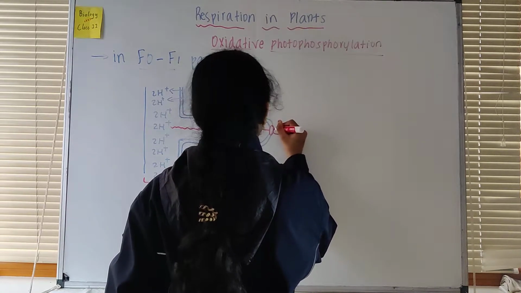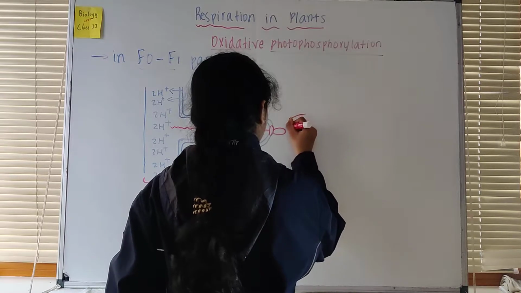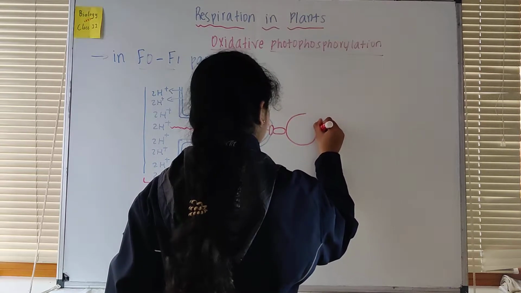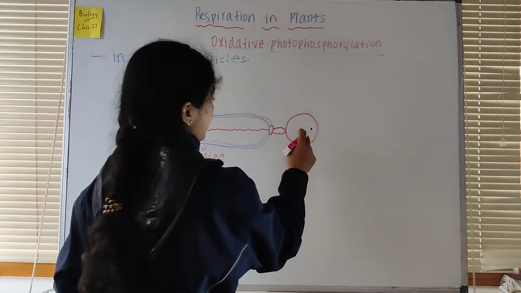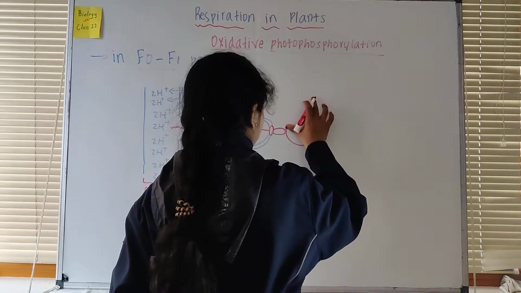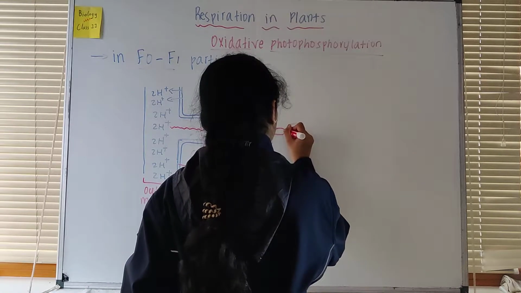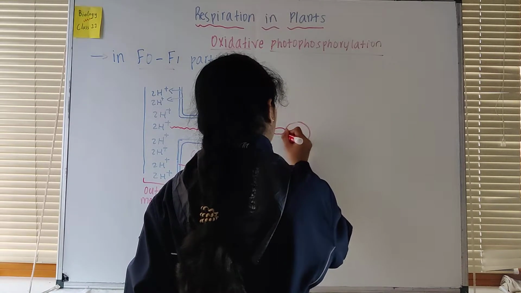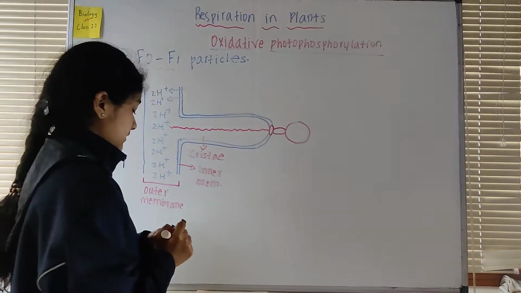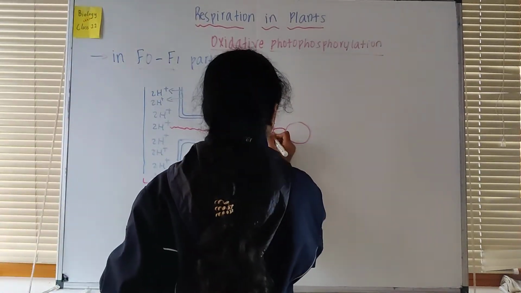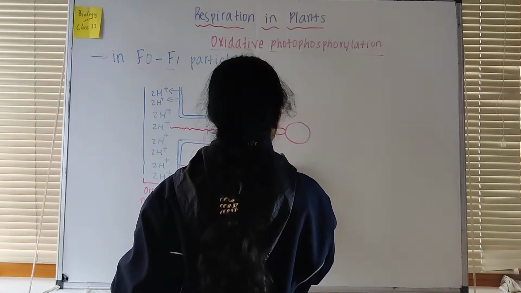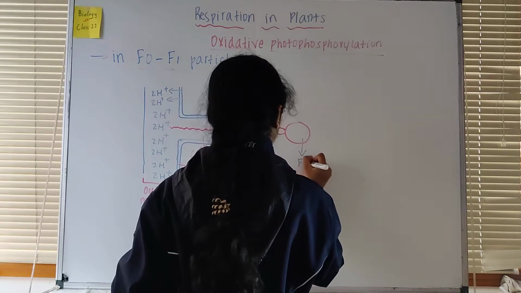So this is F0 and this is F1. You can draw it a little bit small, like this. Labeling: this is F0 and this is F1.